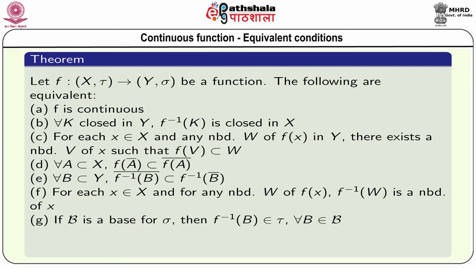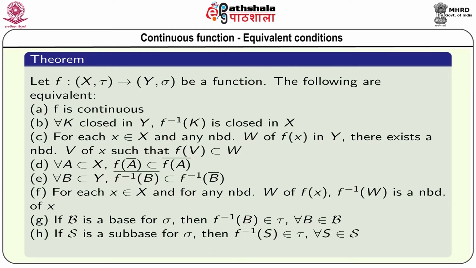If script B is a base for sigma, then f inverse of B is in tau for all B belonging to script B. If script S is a subbase for sigma, then f inverse of S belongs to tau for all S belonging to script S.